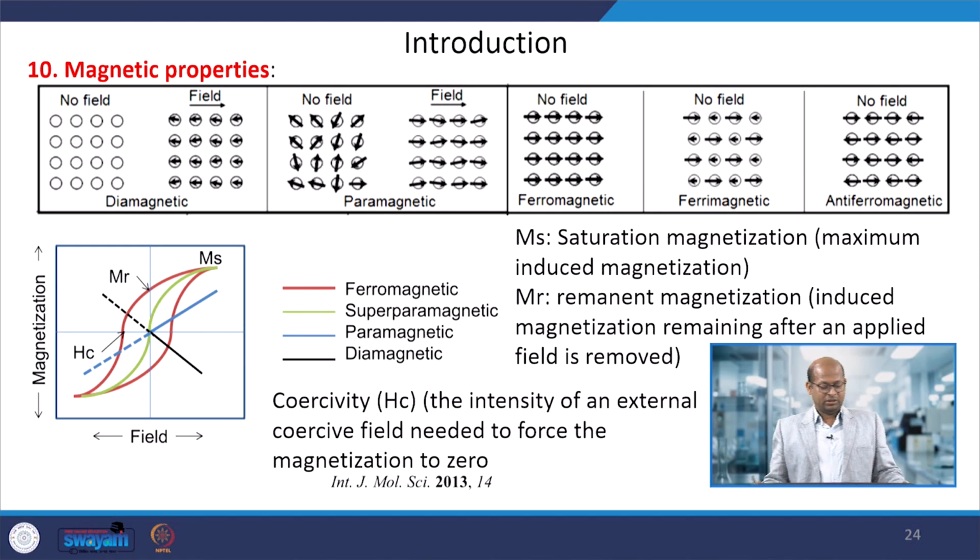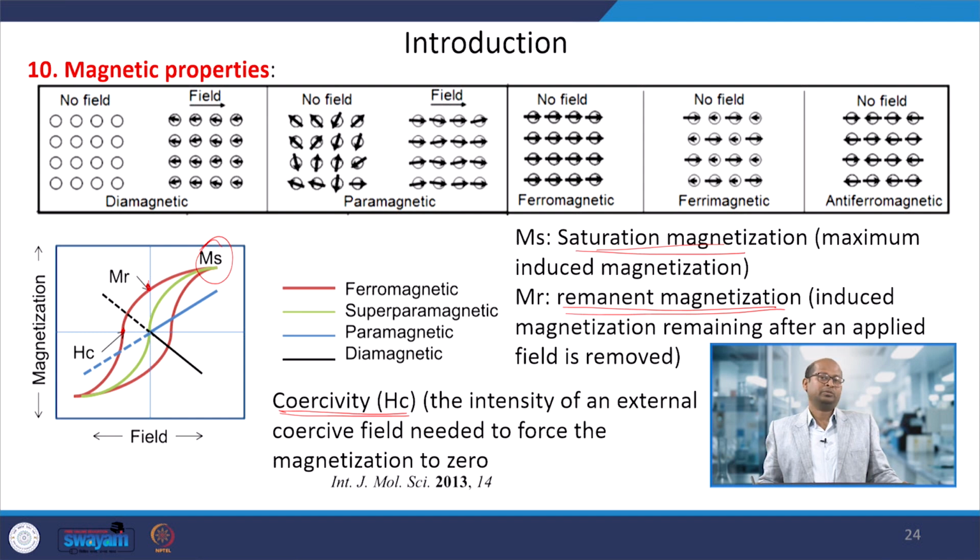Here this point is called MS, the saturation magnetization point. This point is called the remnant magnetization point. And this particular point is called the coercivity. Whenever a magnetization curve is there, these are the three particular points: MS, MR, HC. These are the components we need to know.